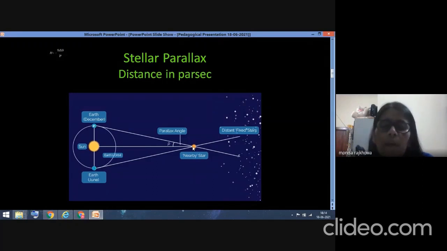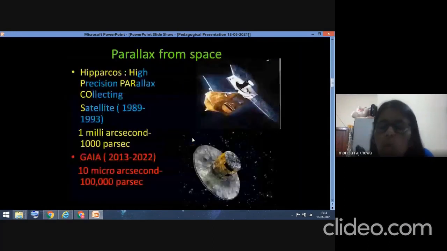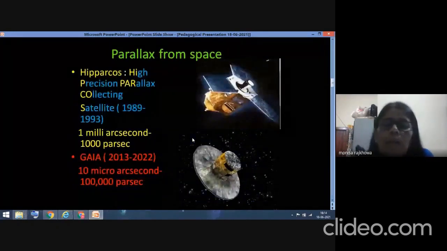To measure the parallax angle of more distant stars, physicists go to outer space, where two artificial satellites are stationed in space: Hipparcos and Gaia.